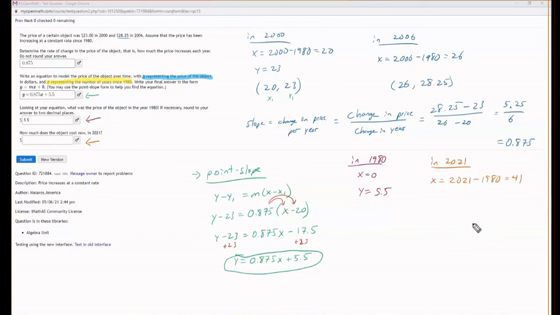So what we can do is plug that in for x, saying how much does the object cost now? It wants me to find y. So I want to find y when x is 41. So y is going to equal 0.875 times x, which is 41, plus 5.5. Okay, and I just punch that in my calculator.